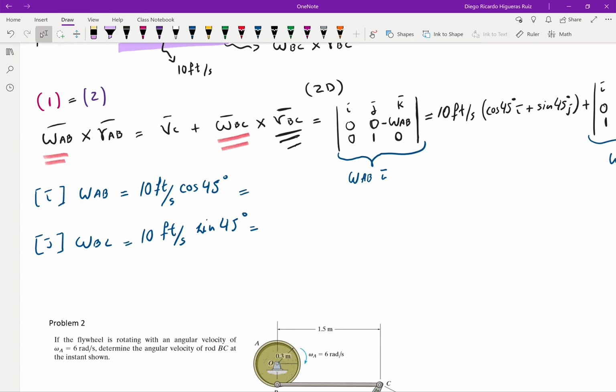I'm just gonna go ahead and calculate it. It's gonna be 10 times cosine of 45. That's 7.07 radians per second. The units are always super important.